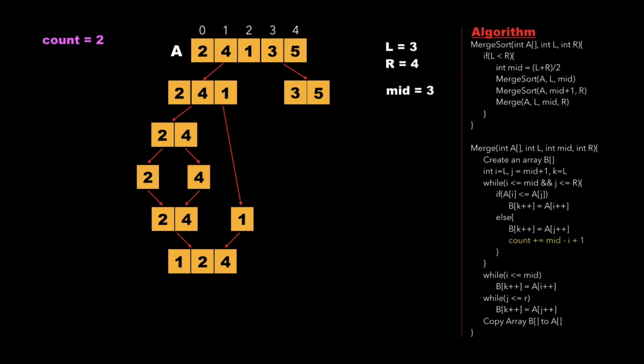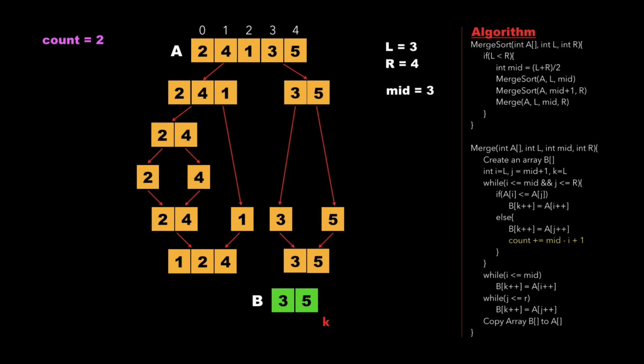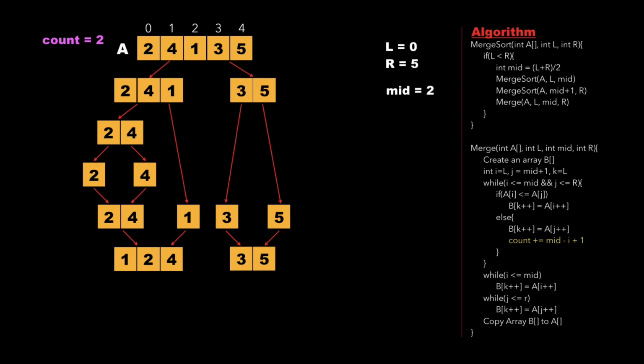So let's again partition the array 3 and 5 into 3 and 5, and then call the merge function, where we create an auxiliary array B. Check whether 3 is less than 5. Since 3 is less than 5, we can directly copy 3 into array B and then 5. And finally, we can copy the contents of B into A. So we got our second sorted subarray as 3 and 5.